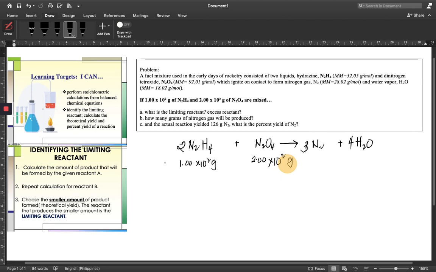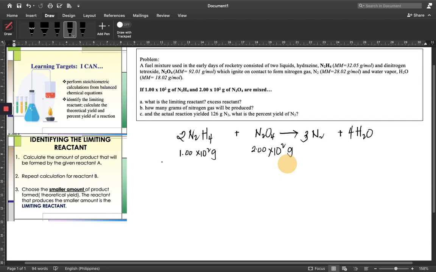All right. So how do we determine the limiting reactant? So the first thing that you have to do is to try to look at your problem. Okay, take a wholesome look at the problem, and then you have to choose which among the products will you calculate for. All right.